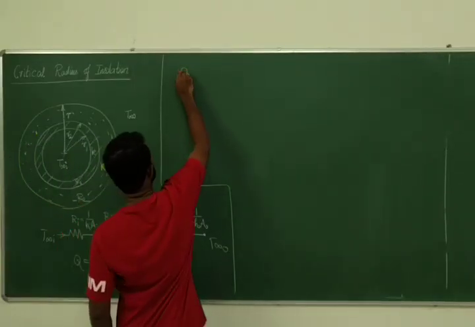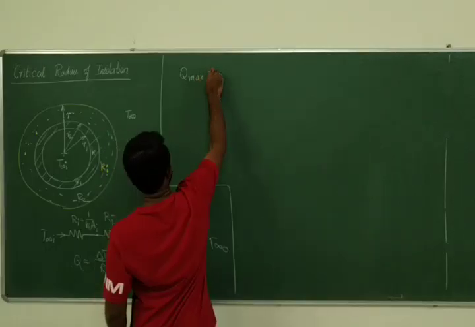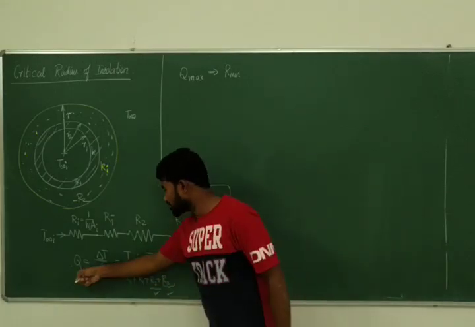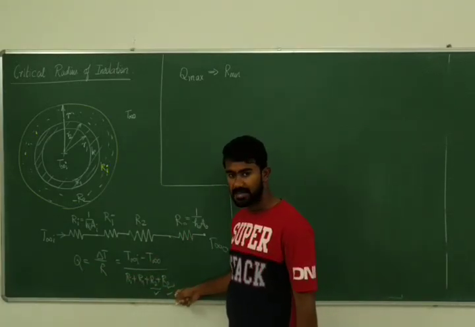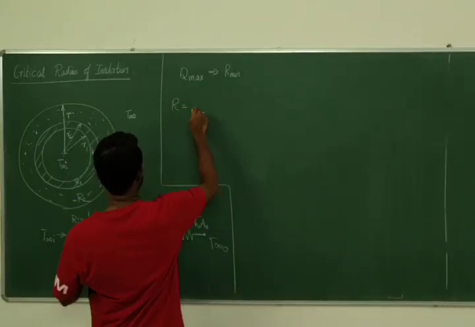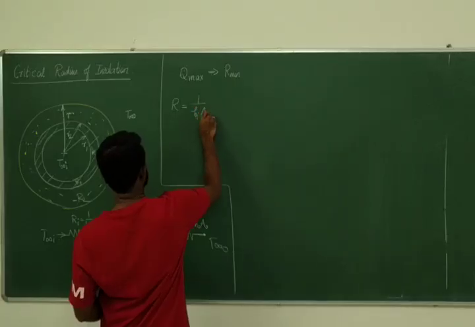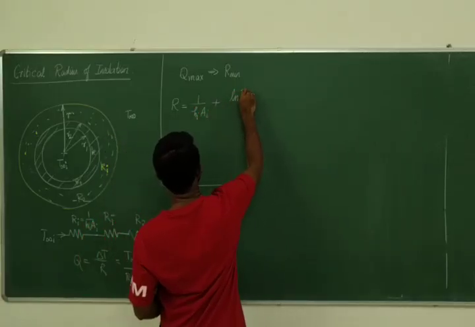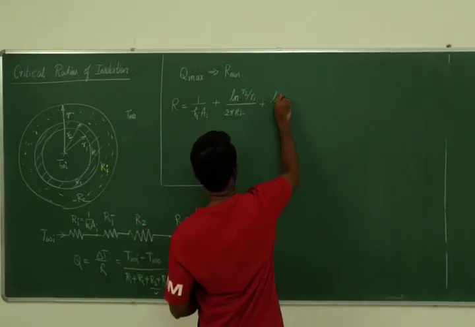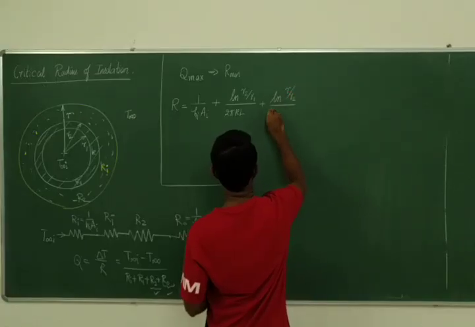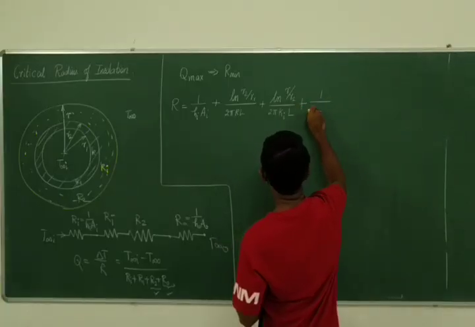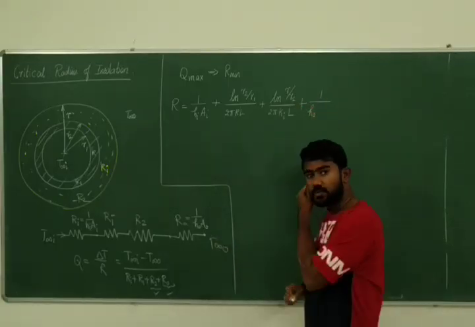So if Q is a maximum, then R should be a minimum. Right? If there is maximum heat transfer, then the denominator has to be a minimum. Now what is R? R is 1 by Hi Ai plus logarithm R2 by R1 by 2 pi Kp L plus logarithm R by R2 by 2 pi K insulation into L plus 1 by Ho into Ao.